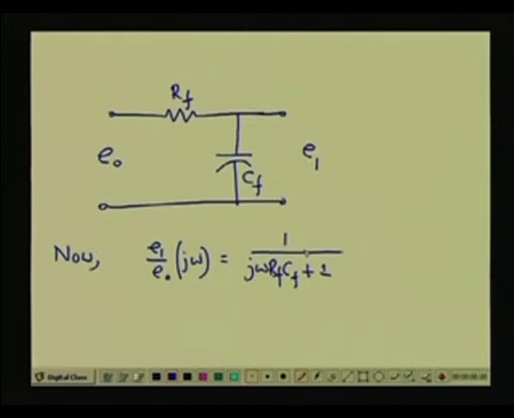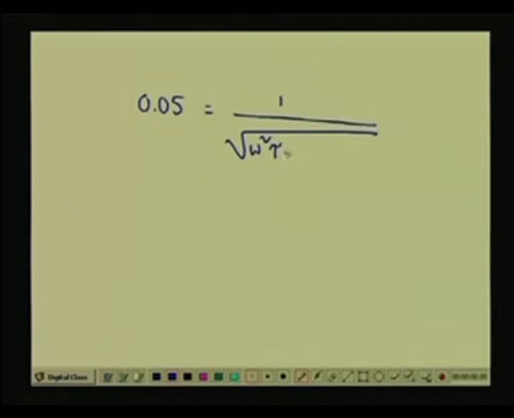So, if it is 9,500 Hertz, then I can write the equation: 0.05 equal to 1 upon root over omega square tau f square plus 1, where tau f equal to RF into CF, that is the time constant of the filter circuit we have just drawn, and omega is equal to 2 pi into 9,500.